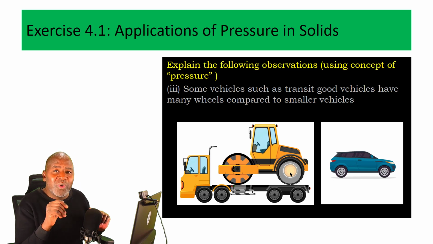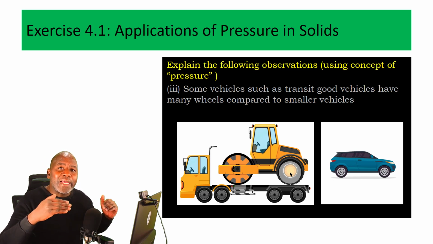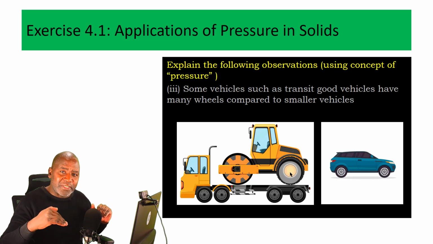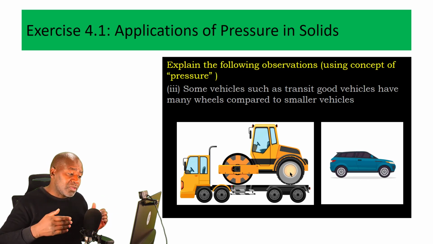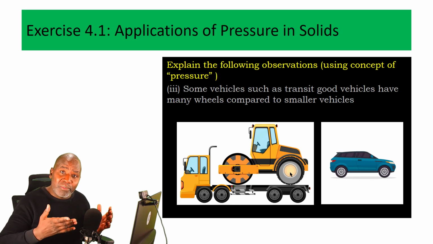So in order to avoid that wearing out of the road surface, regulations are put in place that heavy vehicles must reduce the amount of pressure that they exert on the road surface. And that can only work not by reducing the amount of luggage they are carrying, because there may be nothing we can do about that.